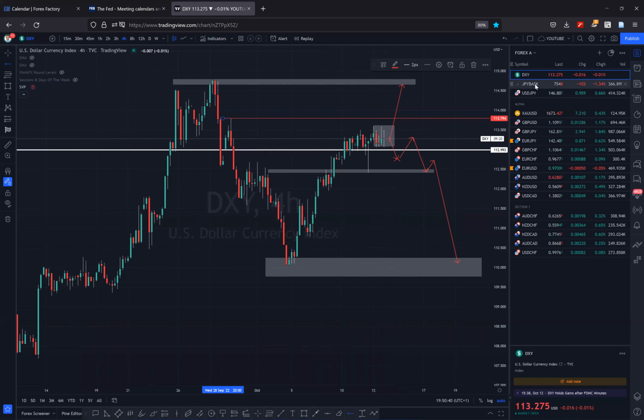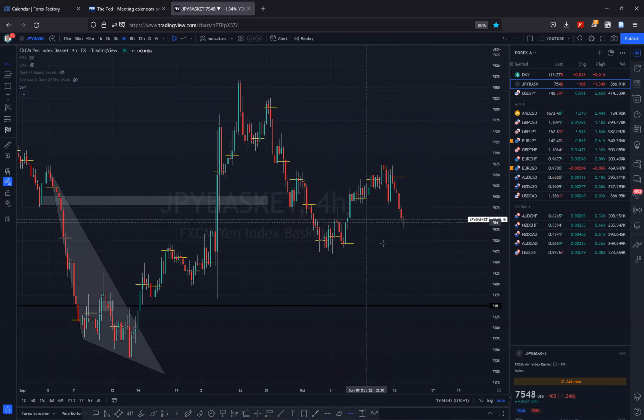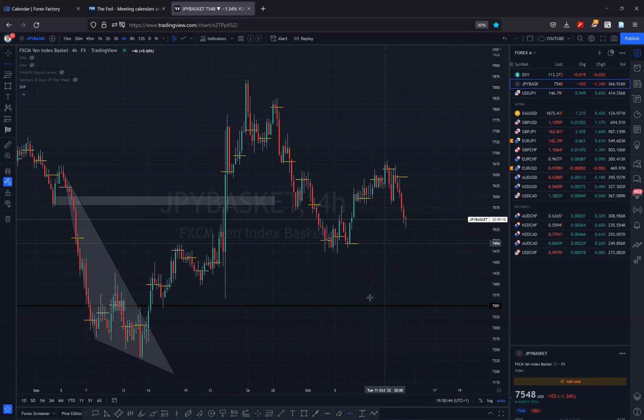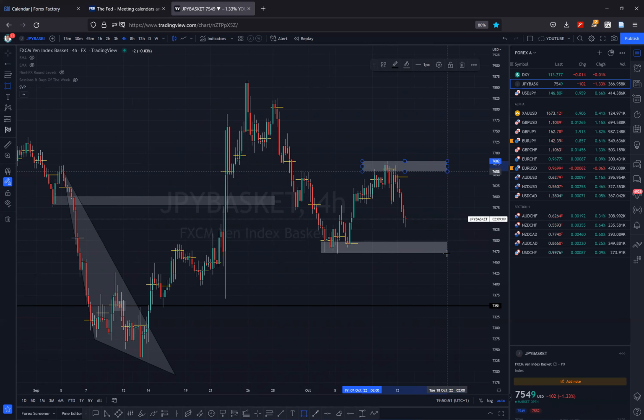Another thing to keep an eye on is the JPY basket. For the JPY basket, we are currently trading in between this high and this low here. Today was a bearish day for the JPY basket. Price dropped to this level here.